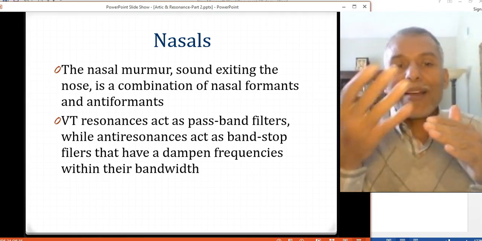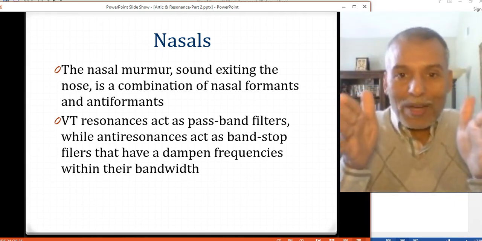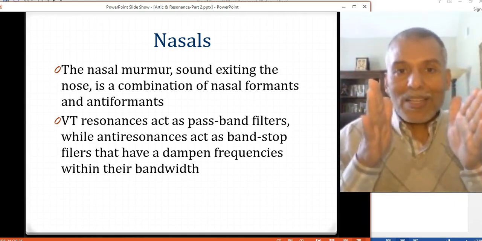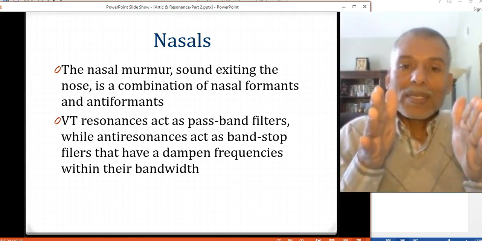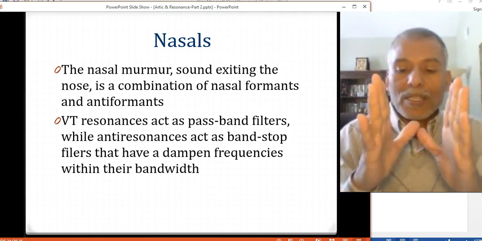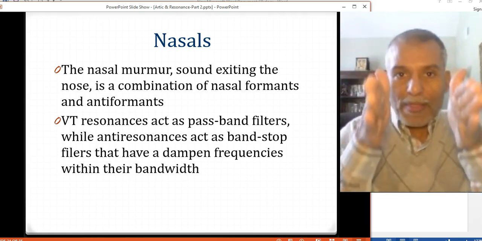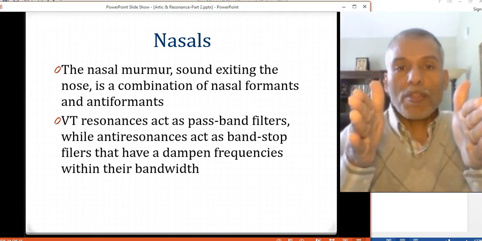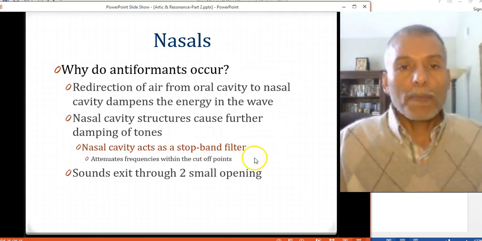And the other natural way that you make any sound, the vocal tract itself acts as a band pass filter, that is, you enhance and amplify the sounds within that range, within that bandwidth. But the anti-resonances work against that, completely the opposite.